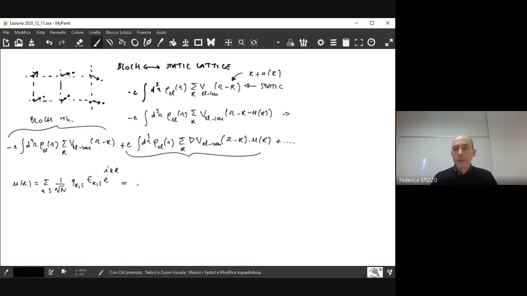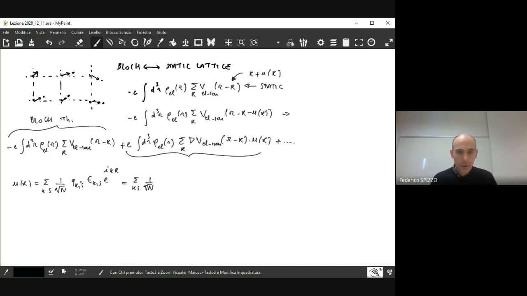Then using the change of variables that we used to switch from the amplitude of the normal mode oscillation to the creation and destruction operators for phonons, this is equal to the sum over K and S of 1 divided by the square root of n.